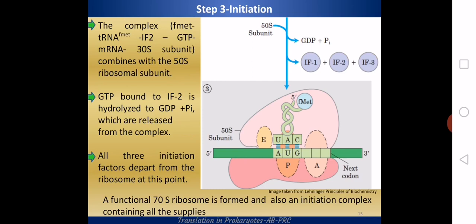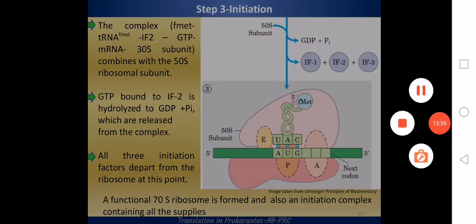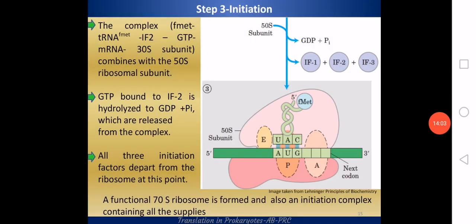Then there will be the 50S subunit coming into the complex, and when 50S is attached onto this, IF1 and IF2 also will be expelled out of the complex, right? So now an active functional initiation complex has been formed, and this is called initiation complex formation, and then it is ready for the addition of the next amino acid into the next site.